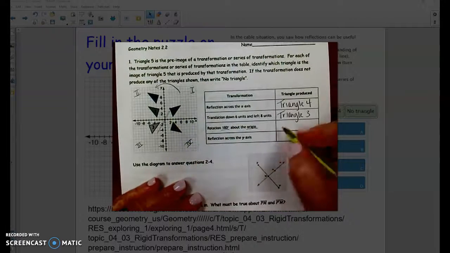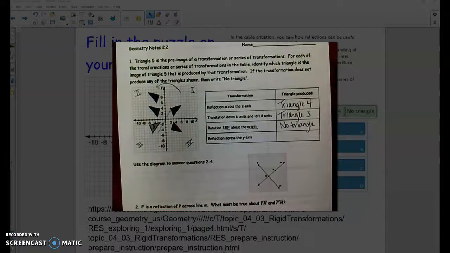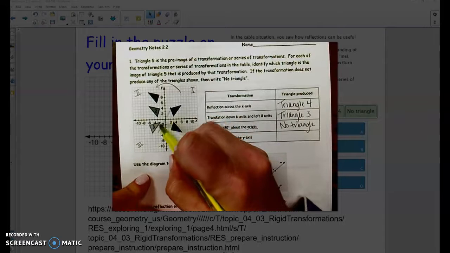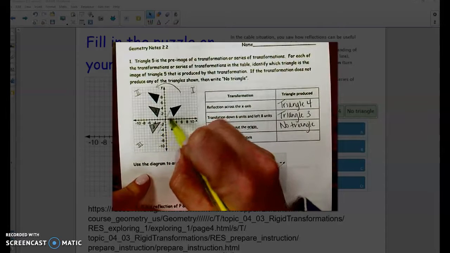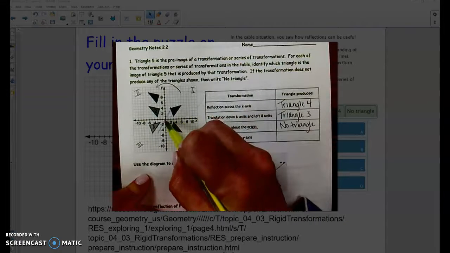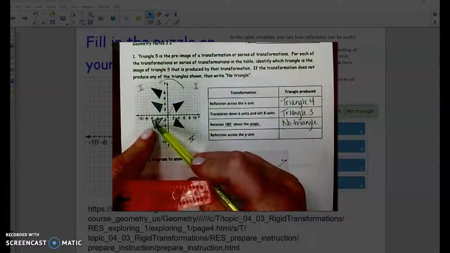So we do not actually have a triangle that is a 180 degree rotation of triangle 5 around the origin. So again, this point, the origin, and a point would have to be in a line. We have one there, but when we look here, we don't have one in a line with that. And here we definitely don't. So this is not triangle 3.